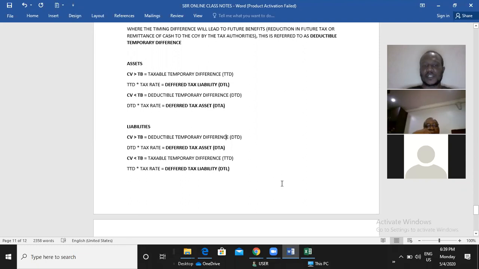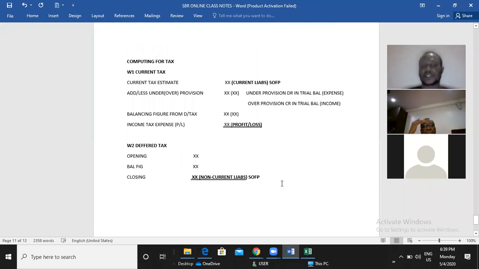However, we also looked at how we account for taxes: the income tax expense is charged to profit or loss, the tax estimate by the company goes to the current liability, and then the deferred tax computation. So that's basically what we discussed.